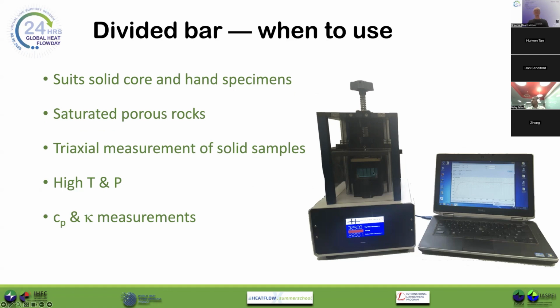So if you can imagine this part of the divider bar where the sample sits, if this was encased in a heat protective cell, and that cell could be heated up to 200, 300 degrees Celsius while retaining the sample and making the required temperature measurements through the stack, then that tends to be how high temperature and pressure measurements are made.